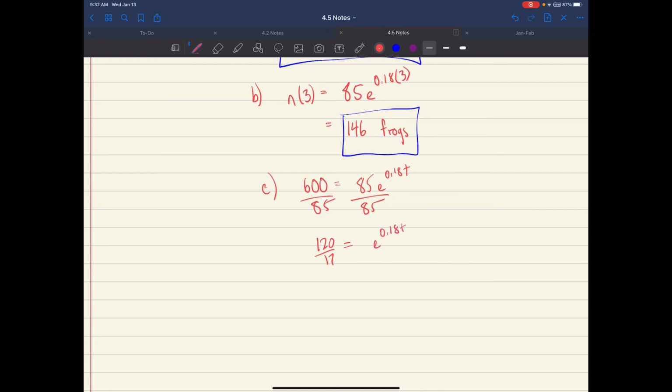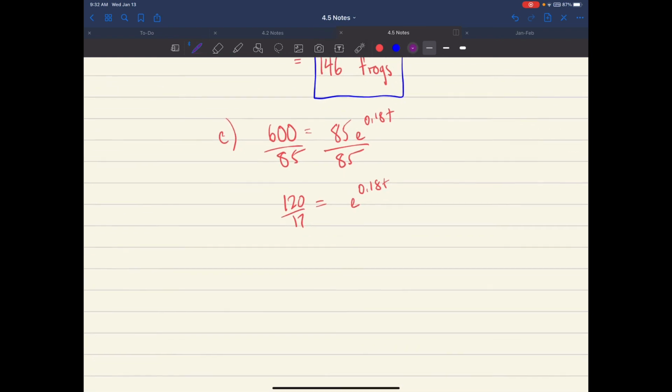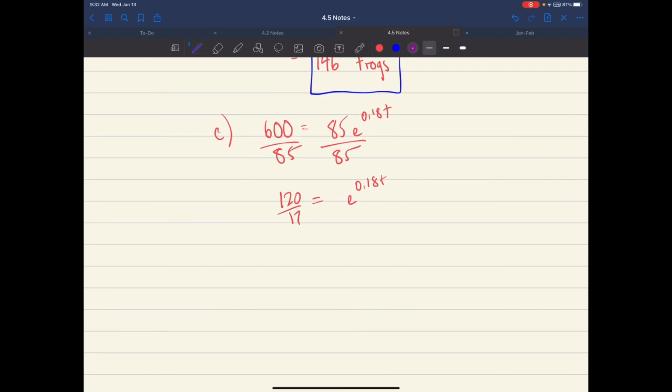And now again, this is that repetition of take the natural log, bring the exponent down, and divide. So we would take the natural log of 120 over 17 equals 0.18t times the natural log of e. The natural log of e is 1, so I can say, okay, calculated.